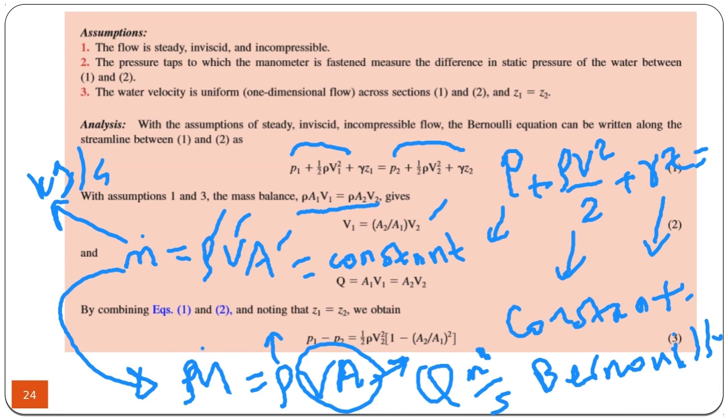So we put everything in Bernoulli's equation, and write the pressure difference P1 minus P2 as a function of V2 only, because we have written V1 in terms of V2, and V1 and V2 are correlated to each other as the inverse relationship of the cross-sectional areas.